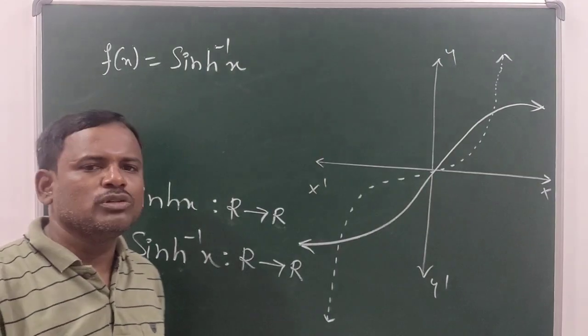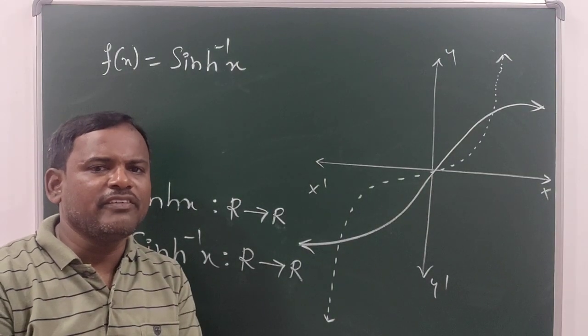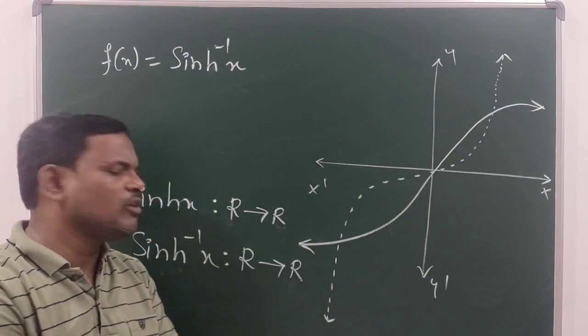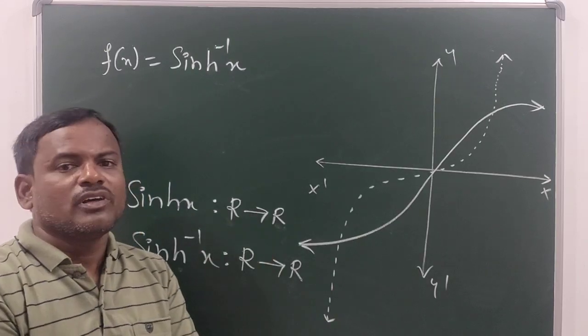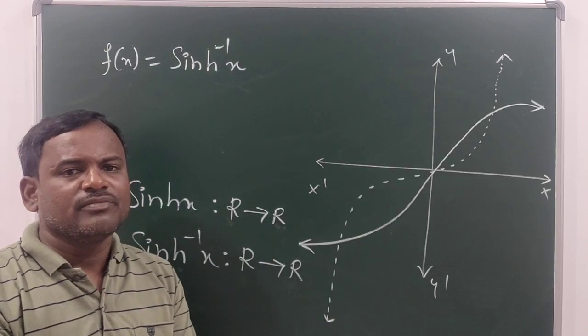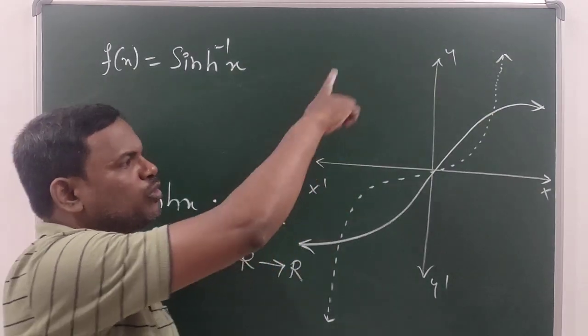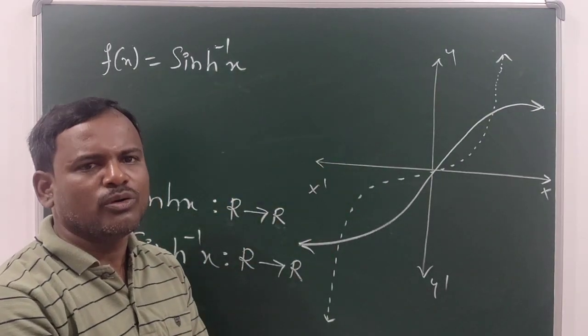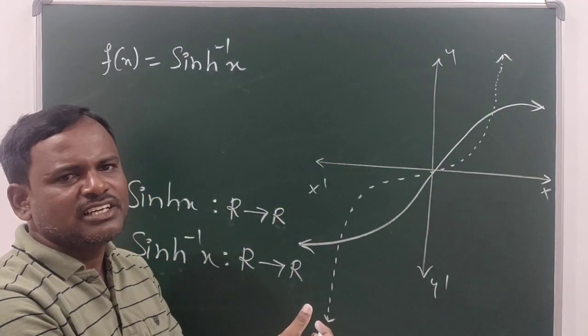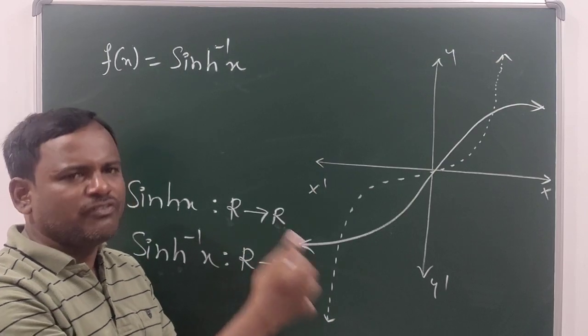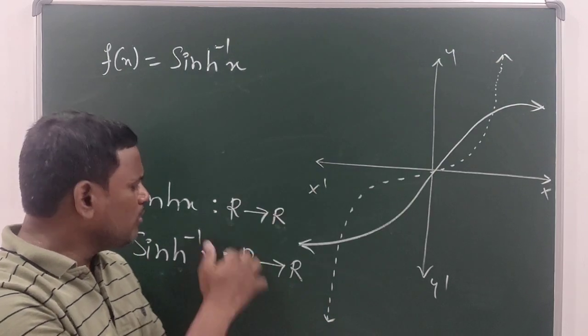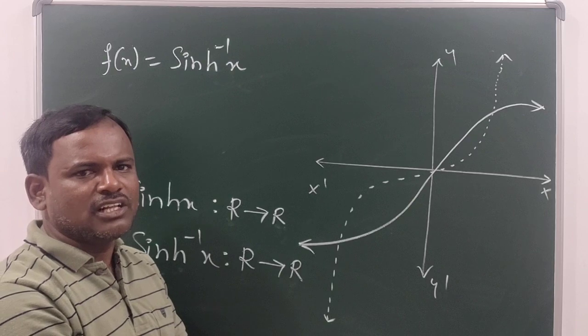Both are non-periodic functions, because in its domain this graph is not repeating. Both are strictly increasing. If a function increases in its domain, and its inverse is possible, its inverse function also increases.